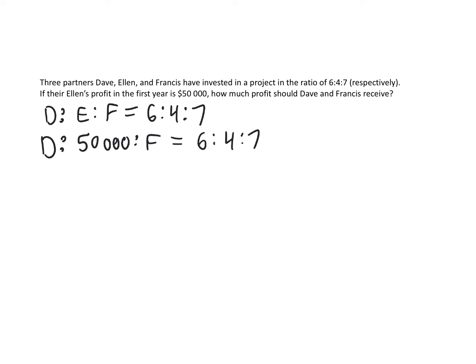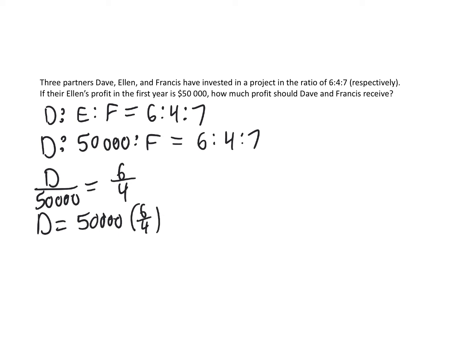Now we can break this up into two pieces. We can do Dave over 50,000 equals 6 over 4. So Dave is 50,000 times 6 over 4, which equals 75,000.